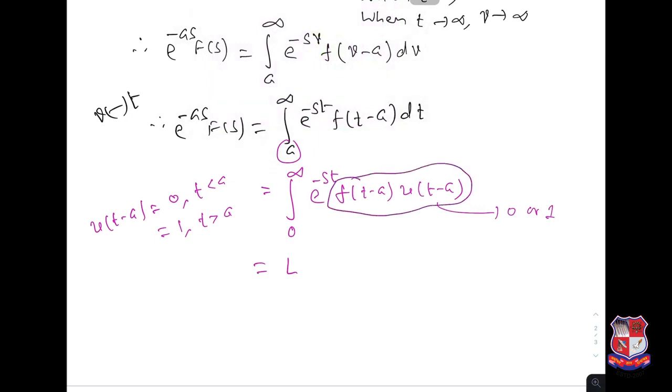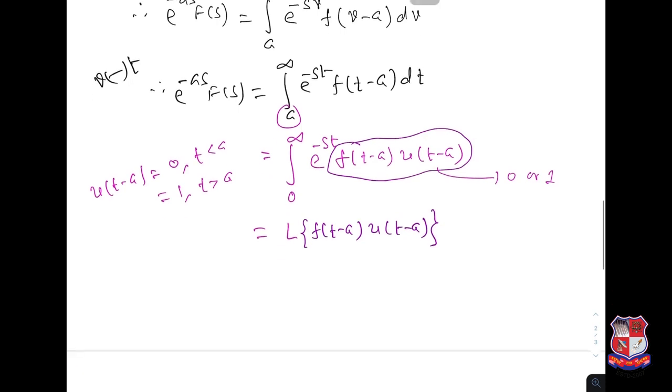So that is nothing but the Laplace transformation of f of t minus a times u of t minus a. So that is the result. This is the LHS. So what is the result we are getting now?